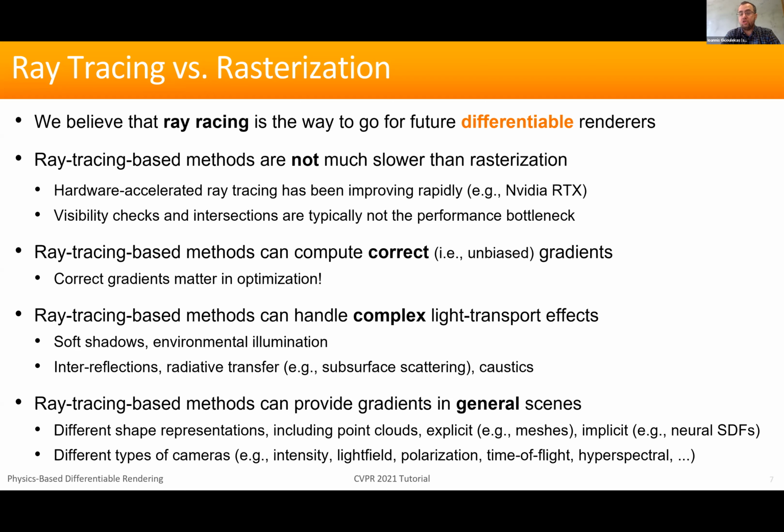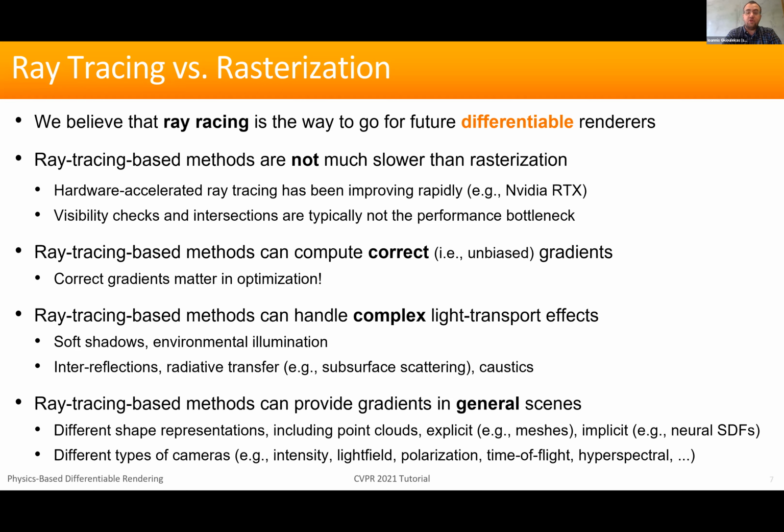And lastly, in addition to providing us with generality in terms of light transport effects, ray tracing based methods also provide us with generality in terms of other scene parameters. For example, parameterizations, different types of BRDFs, different types of shapes, very importantly, such as point clouds, explicit shape representations such as meshes, or implicit shape representations like neural SDFs, neural occupancy networks, or even the non-neural variants of these implicit surfaces. And they also give us generality in terms of the types of cameras we can use.